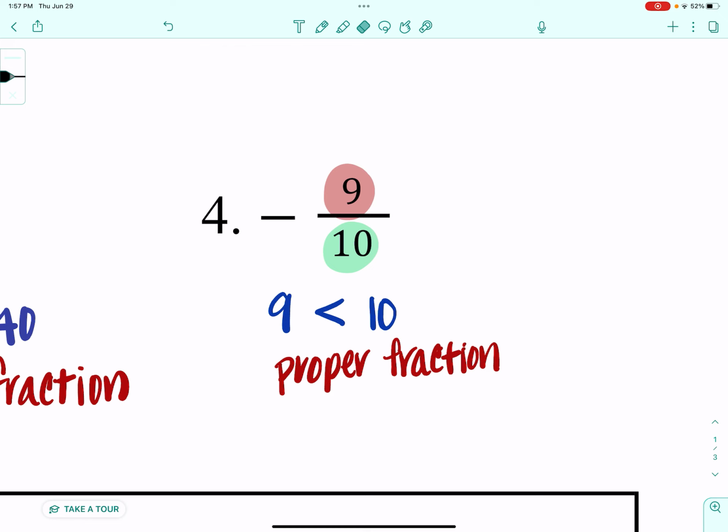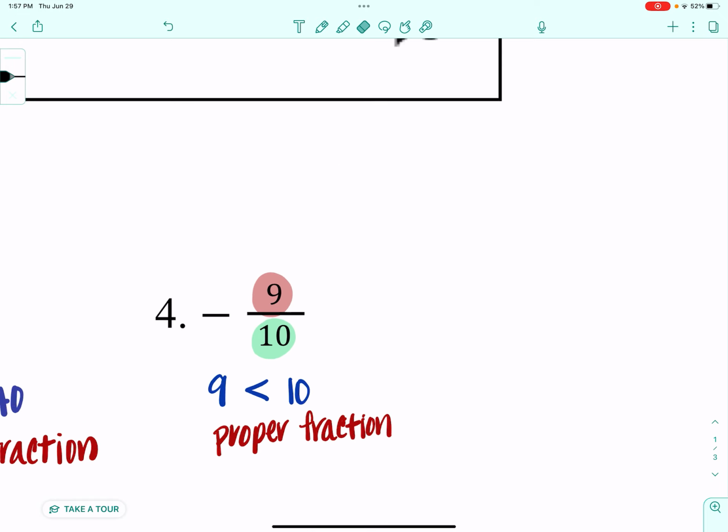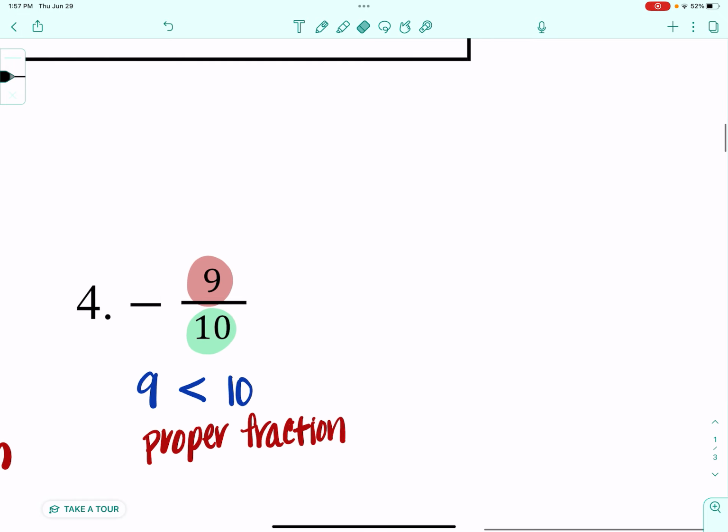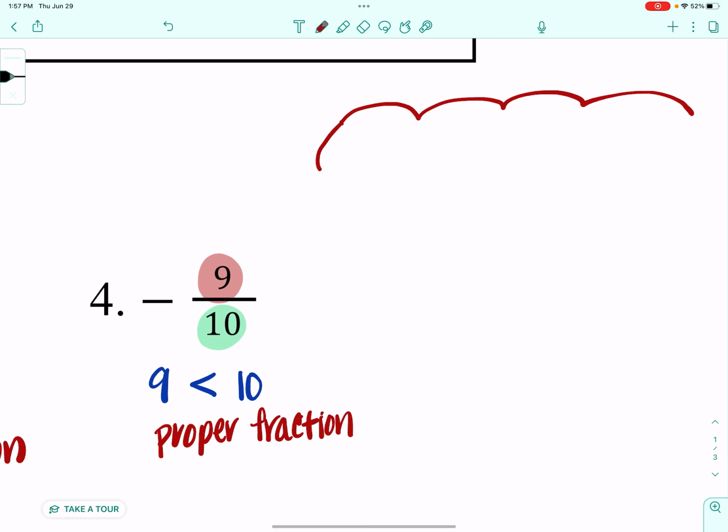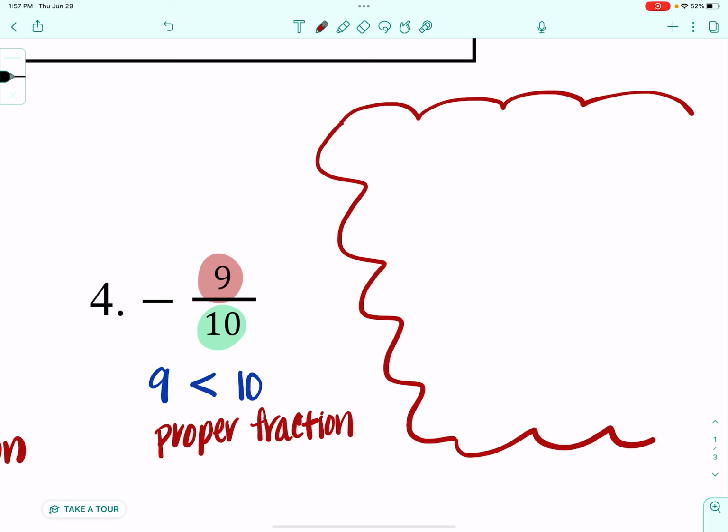Now, one thing that tends to get left out of the proper versus improper fraction conversation: we talked about what happened when A is less than B, when A is greater than B, but what doesn't often get talked about is what happens when the numerator equals the denominator.